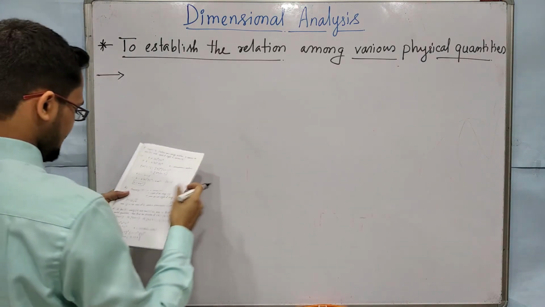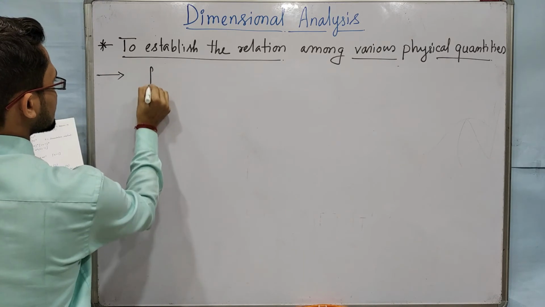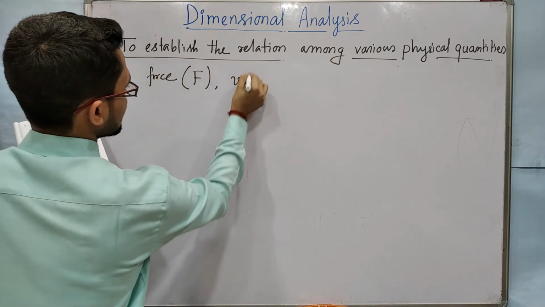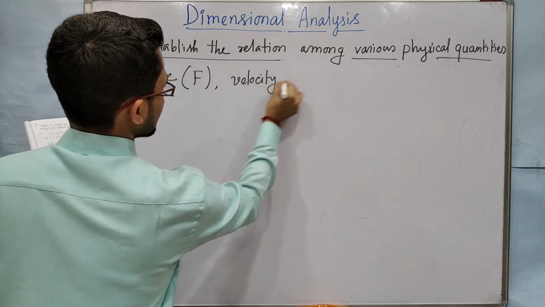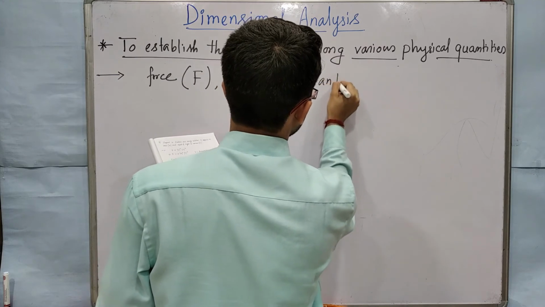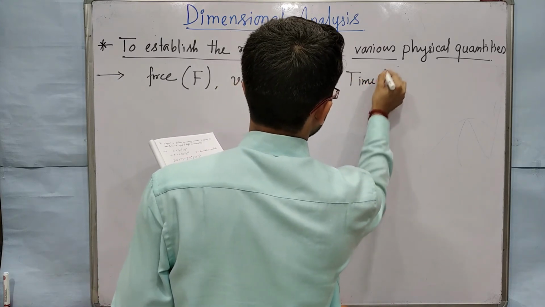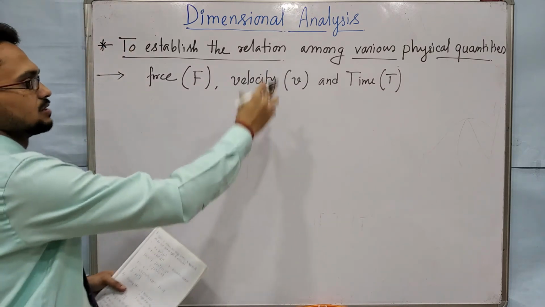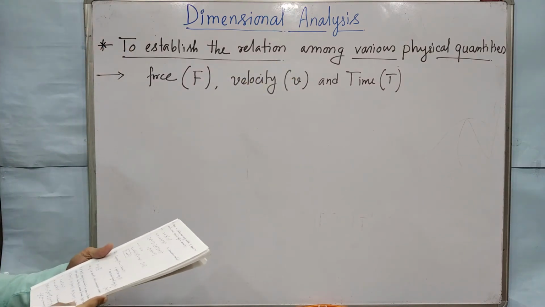Another problem is here: force F, velocity V, and time T. These three are the basic quantities now. Force, velocity and time are the fundamental quantities.